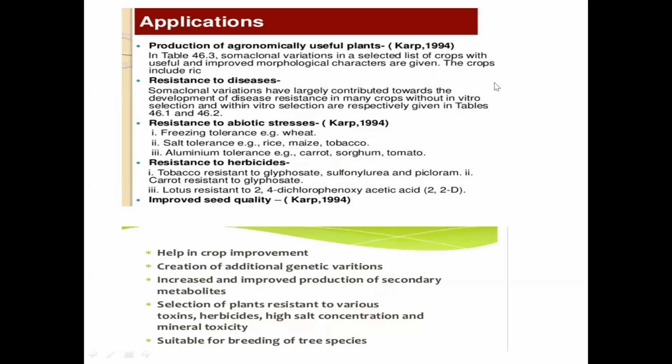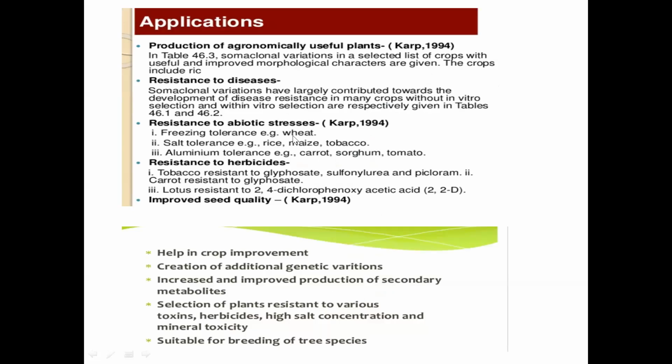So applications, definitely, are very important: agronomically useful crops. You have different variations which are selected based on the crop, and resistance to diseases. Somaclonal variations have been very important in developing crop variants which are resistant to diseases.